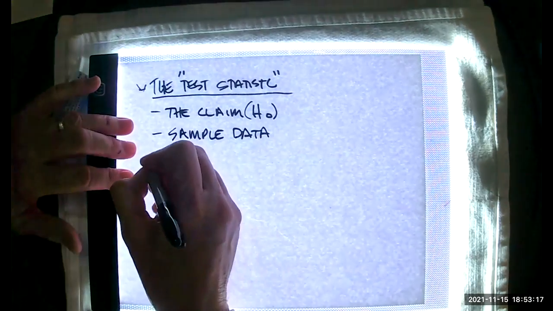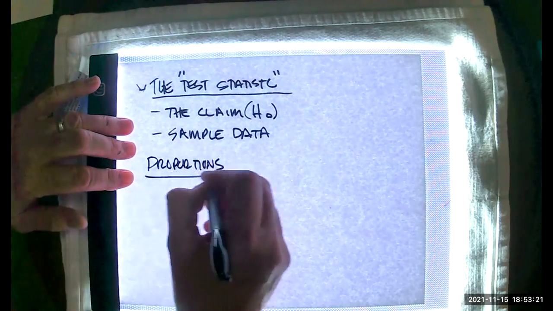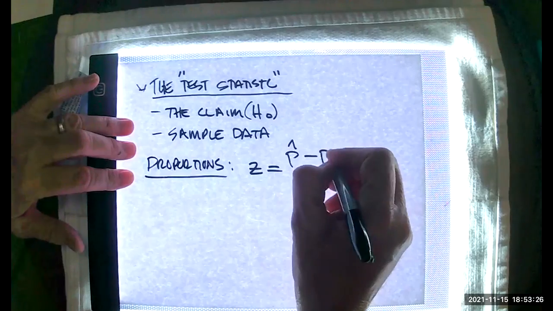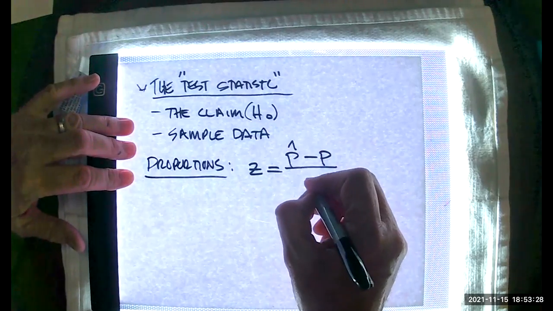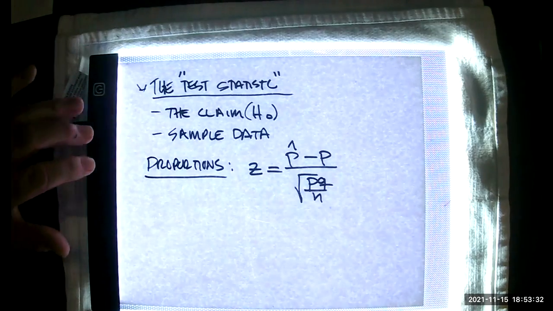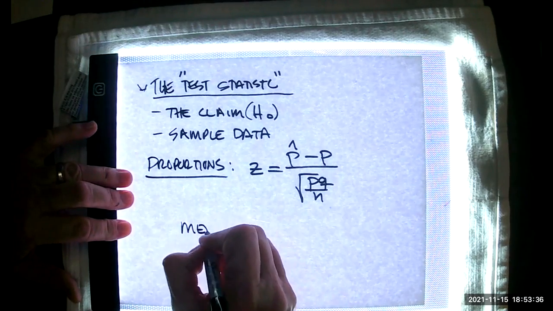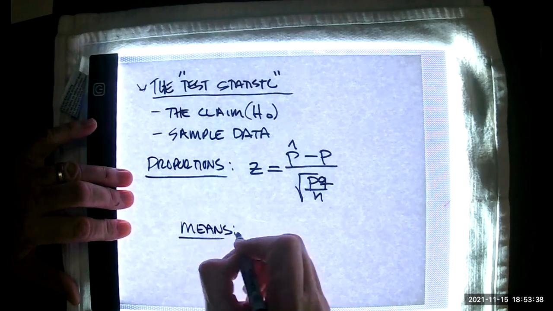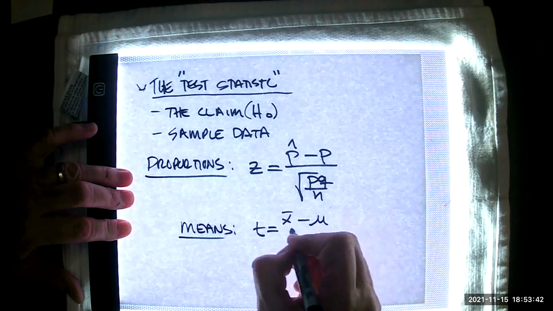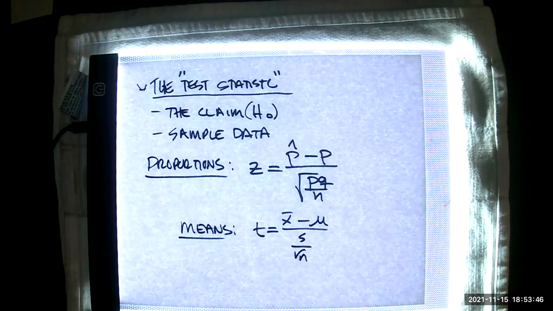For proportions, z is equal to p hat minus p, and down below we have p times q all over n, all within a square root. And for means, it's the t distribution, and it's x bar minus mu divided by s over the square root of your sample size n.